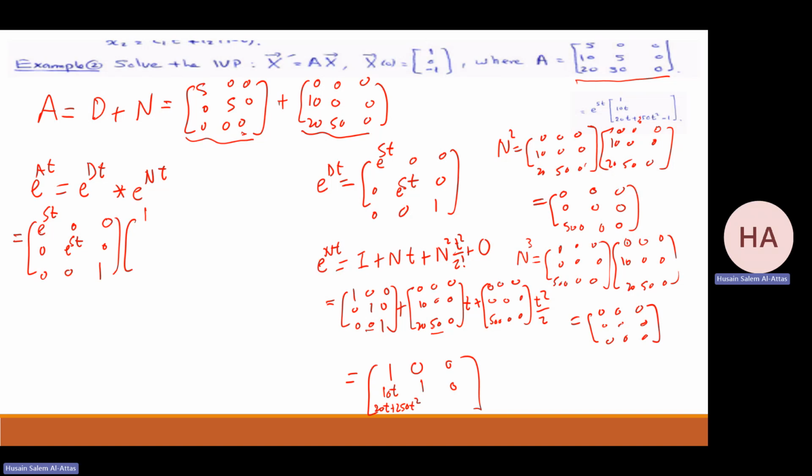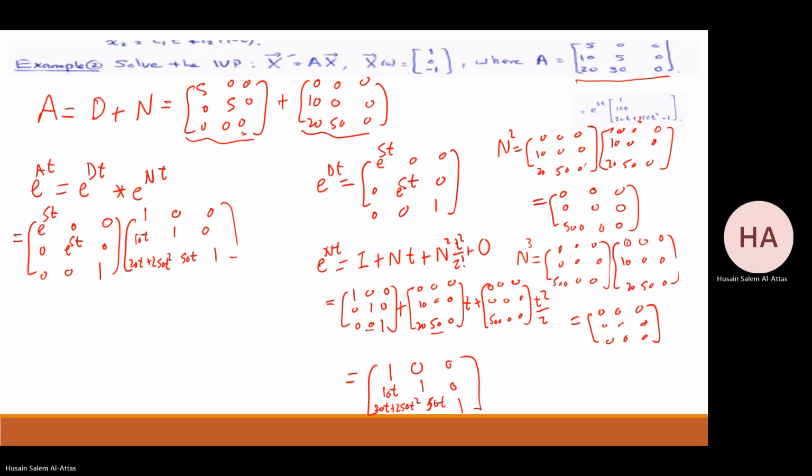And the last thing is 100, which is 1. So I plug this here: 100, 10t, 10. This is 20t plus 250t squared, 50t, 1.